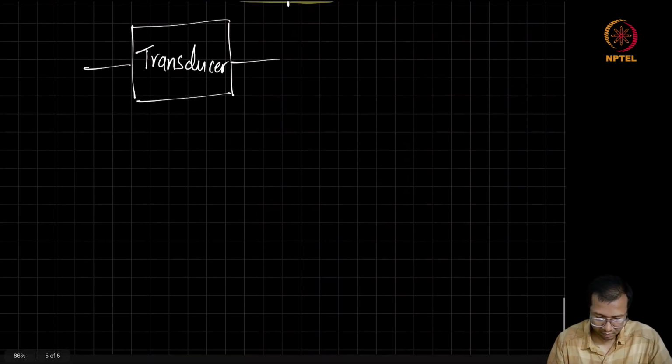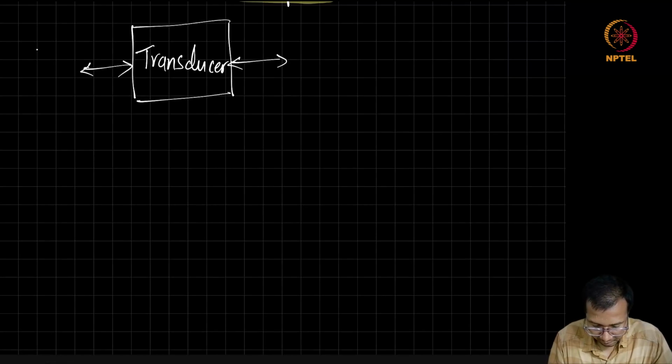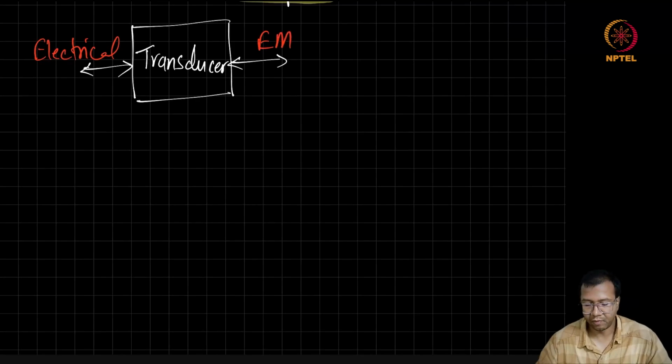Okay, so such a transducer actually exists, which can do energy exchange between the electrical and electromagnetic domain, and this transducer is called an antenna.